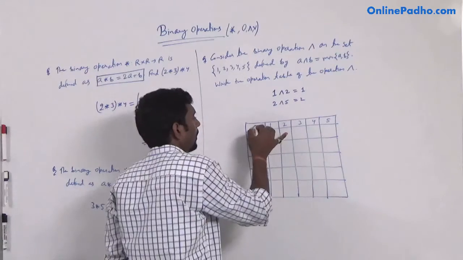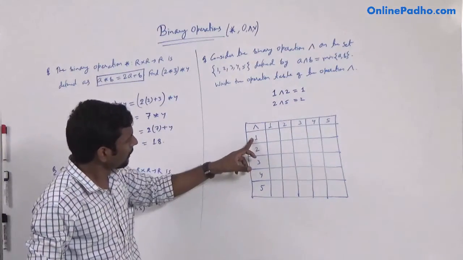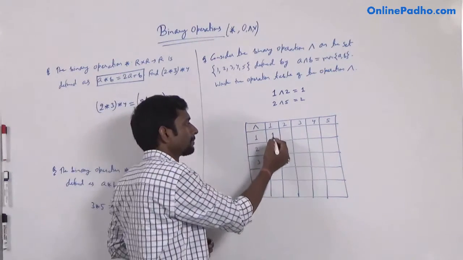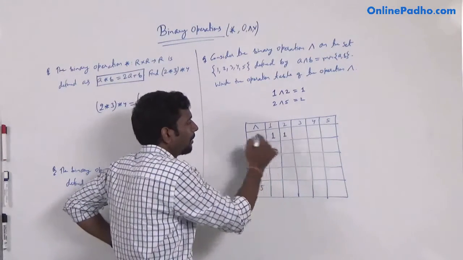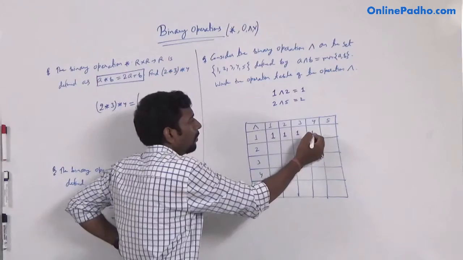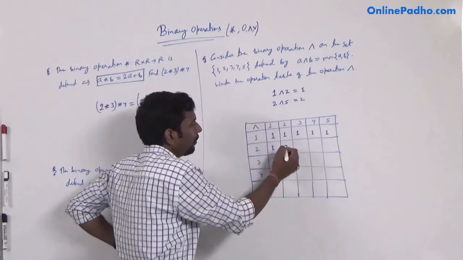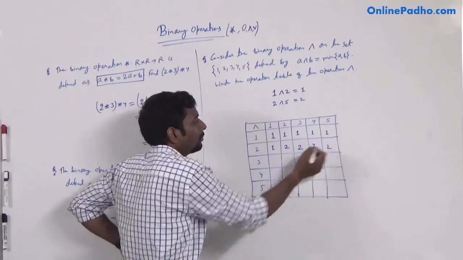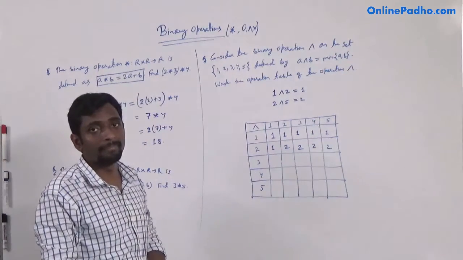And here we have to write this symbol. Now what is the minimum of 1 and 1? This is 1. Minimum of 1 and 2? That is 1. Minimum of 1 and 3? 1. Minimum of 2 and 1? 1. Minimum of 2 and 2? 2. Minimum of 2 and 3? 2. Minimum of 2 and 4? 2. In this way you can complete the table.